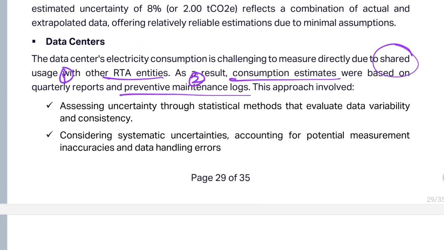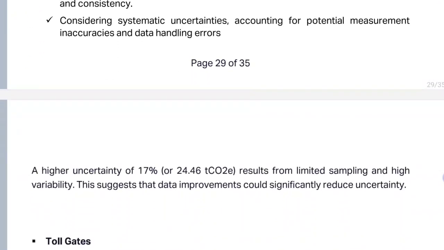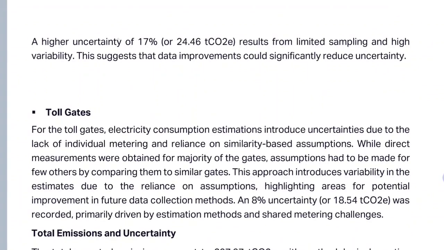So two sources actually: quarterly reports and preventive maintenance logs. This approach included assessing uncertainty through statistical methods that evaluate data variability and consistency. Also considering systematic uncertainties, which account for potential measurement inaccuracy and data handling errors. So a high uncertainty of 17%, basically 24.46 tons of carbon dioxide equivalent, results from limited sampling and high variability. So this suggests that data improvements could significantly reduce uncertainties.